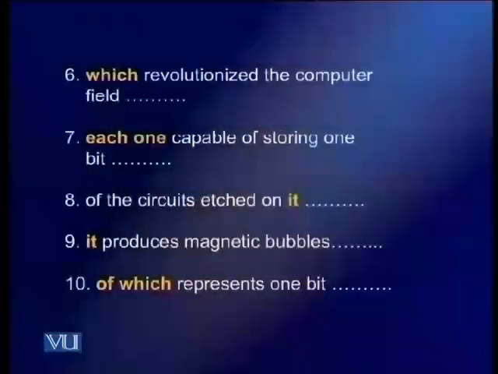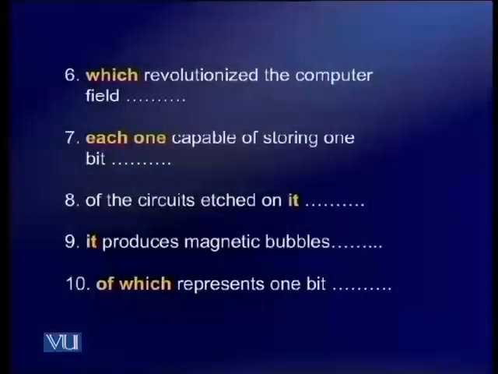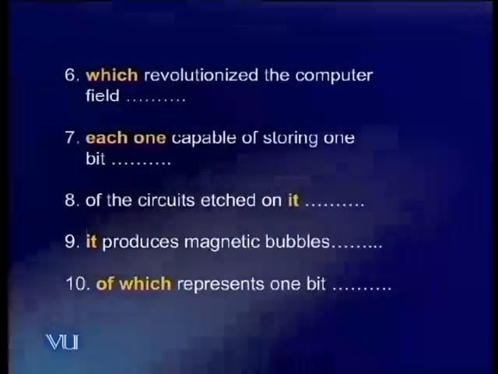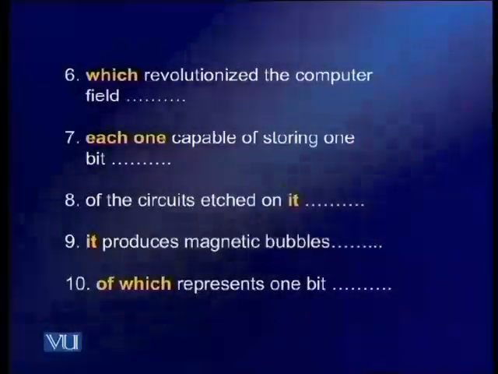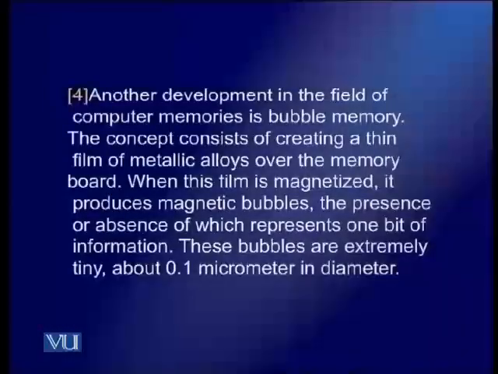It's the film that produces magnetic bubbles. And the last statement, look again in paragraph 4 and find this statement. Of which represents 1 bit. And of which refers to bubbles.